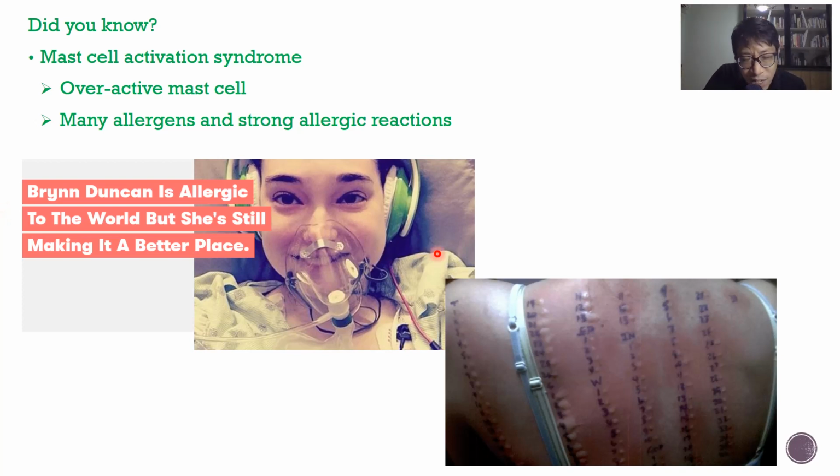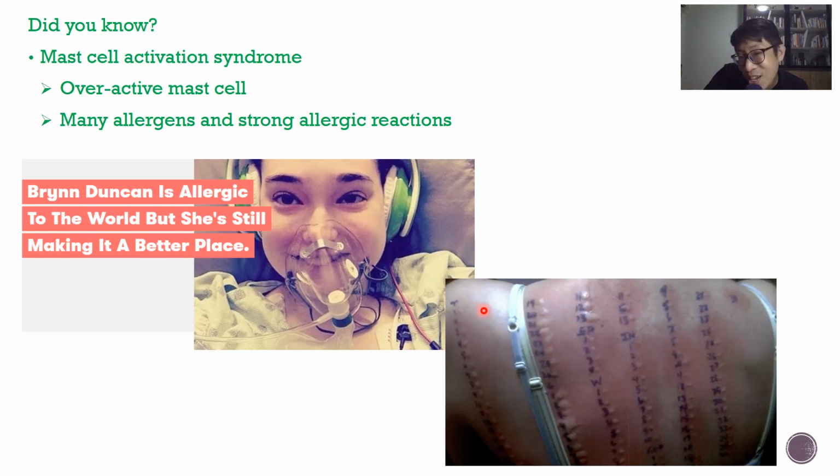What you see on the right here is the doctors testing what she is allergic to. You see all these different numbers on different parts of her back.